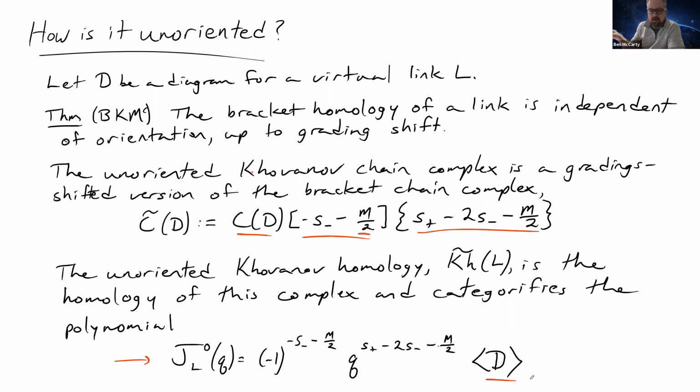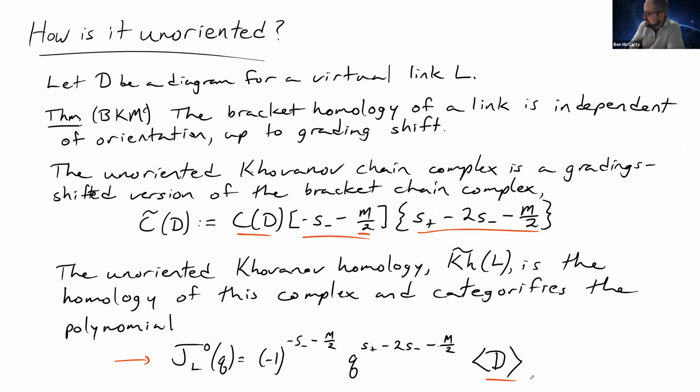It's the bracket polynomial up to this extra factor that depends on these grading shifts. But yeah, go watch Scott's talk if you want to know more about that polynomial.